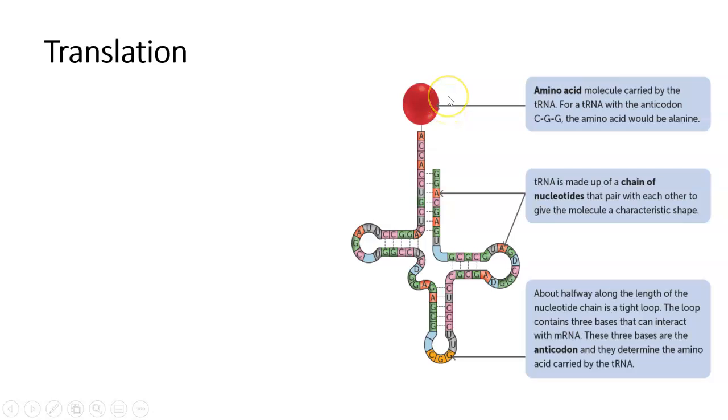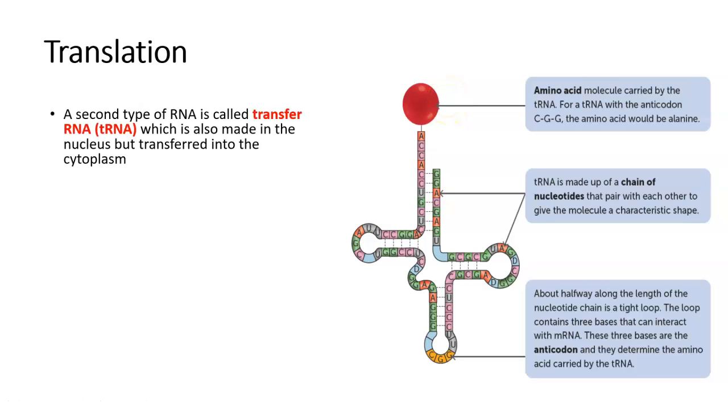So they are specific. So here, just to summarize, we have the second type of RNA that we talked about in protein synthesis, and this is transfer RNA. Now, transfer RNA is also made in the nucleus, but it's found in the cytoplasm. It has a set of triplet of bases in our RNA called anticodons.